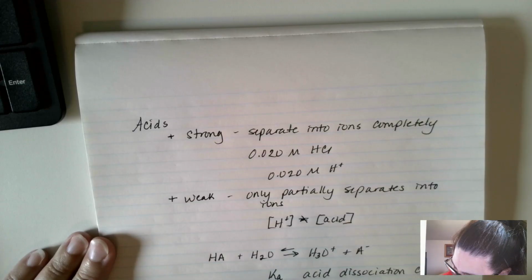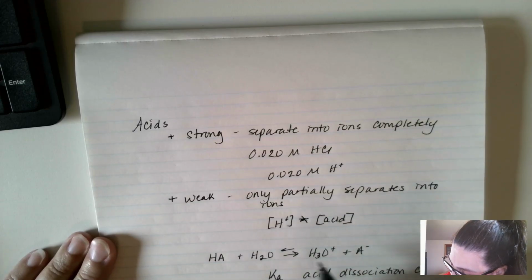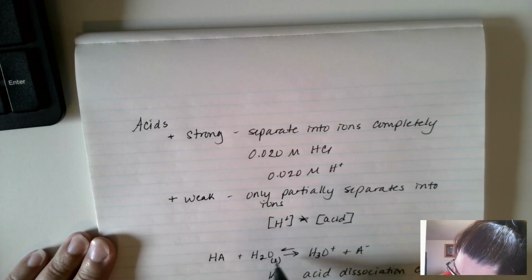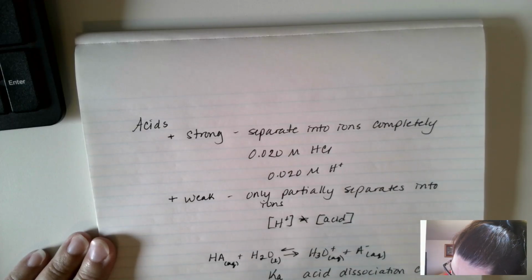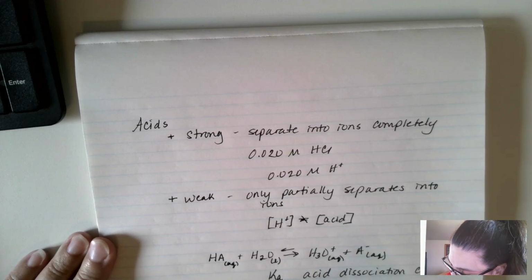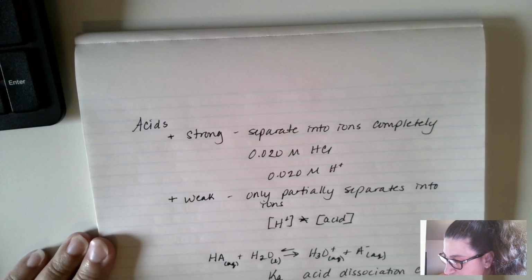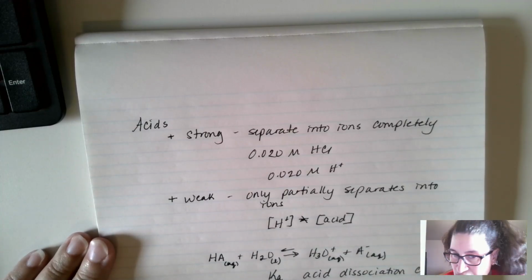If we look at our equilibrium constant, keep in mind this is a liquid and these are aqueous, so we would have the H3O+ concentration times the A- concentration all over HA. The water doesn't show up in our expression because it is a pure liquid.